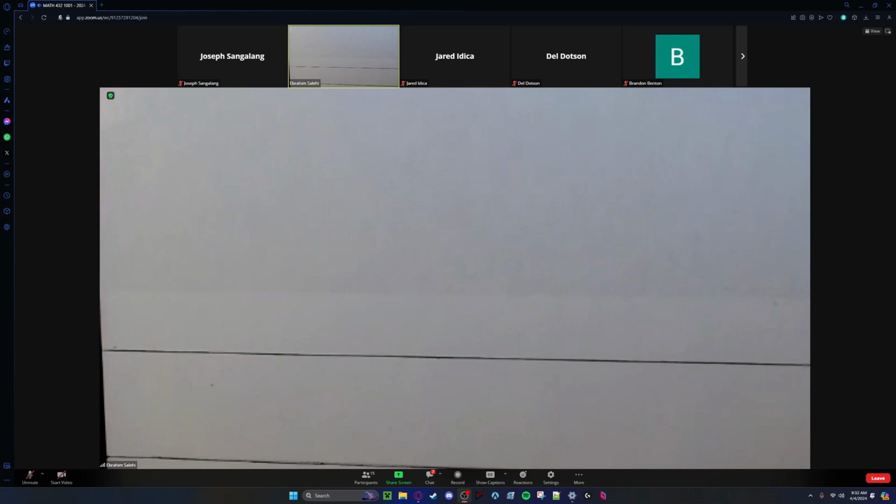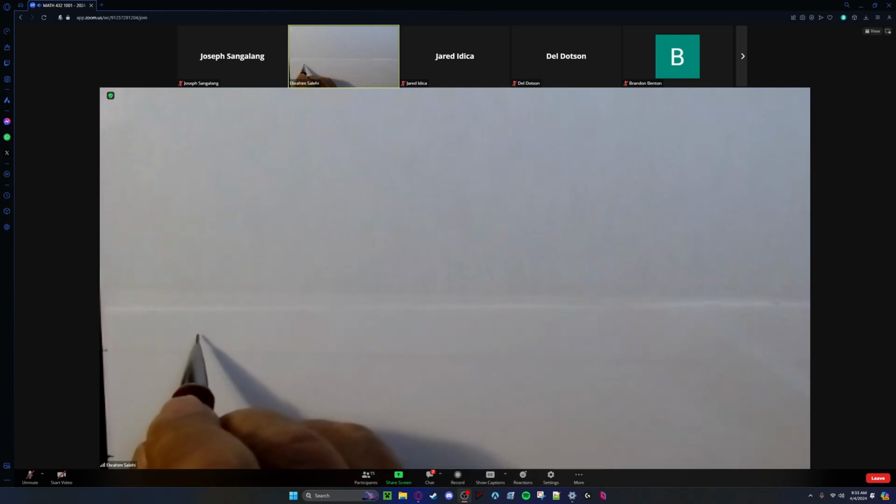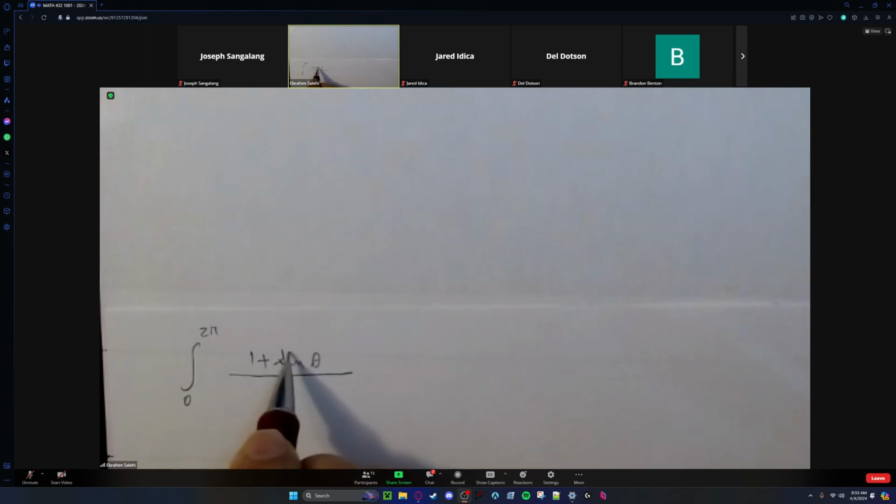I'll just give you the hint as to how it's done. So it's the integral from 0 to 2 pi of 1 plus sine theta divided by 3 plus cosine theta.